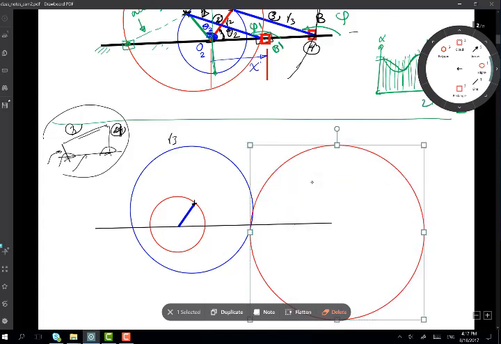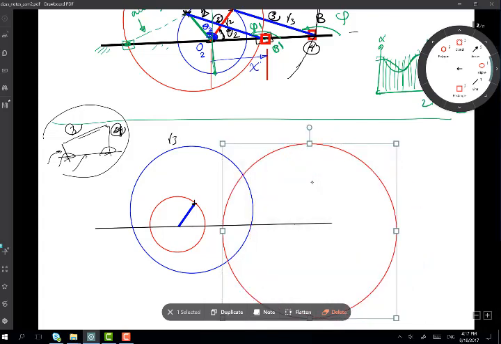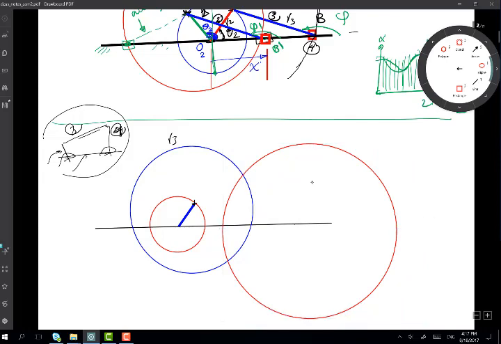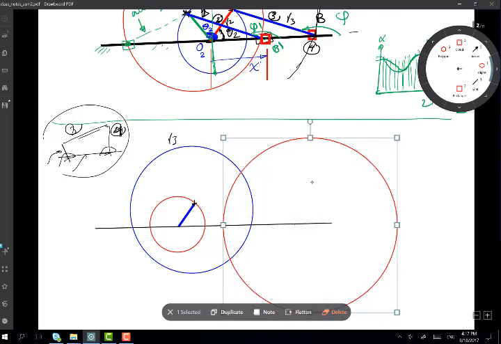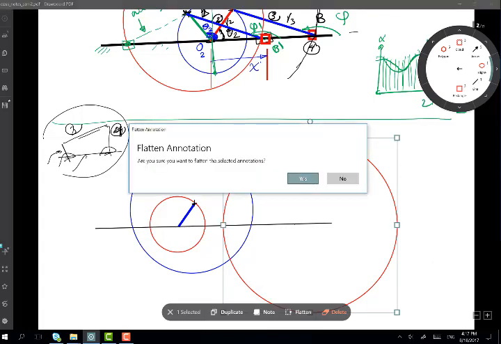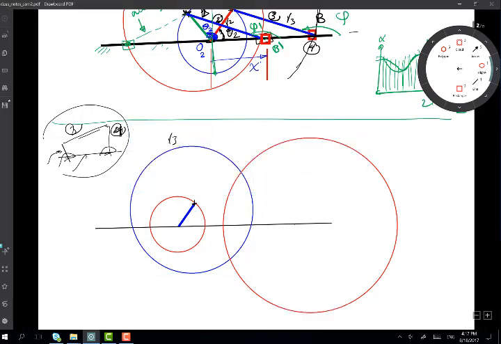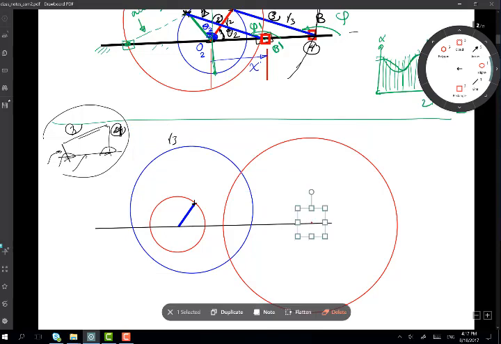So let's say this will be a circle for the rocker, and I'll flatten this one here as well. So the two circles, just take them as those two circles. This will be the center for the rocker circle.